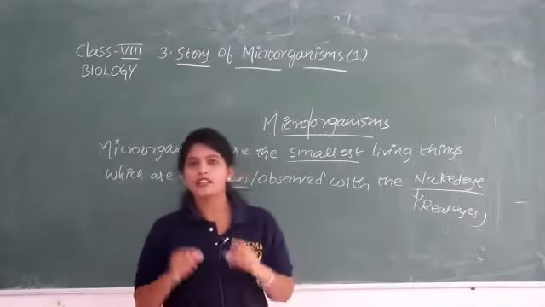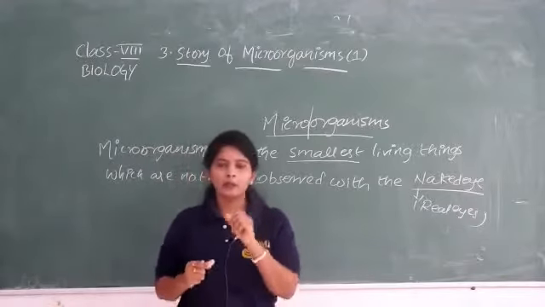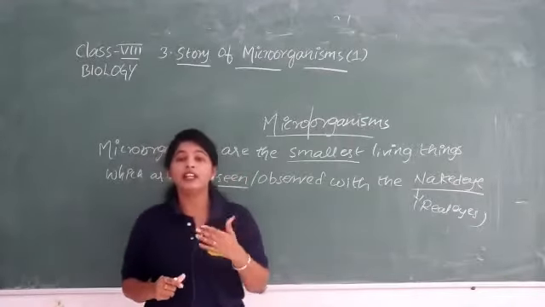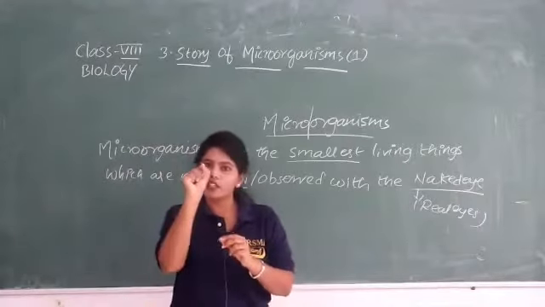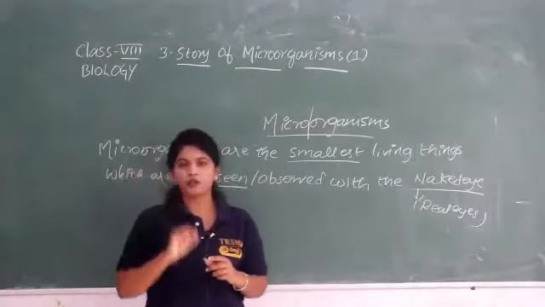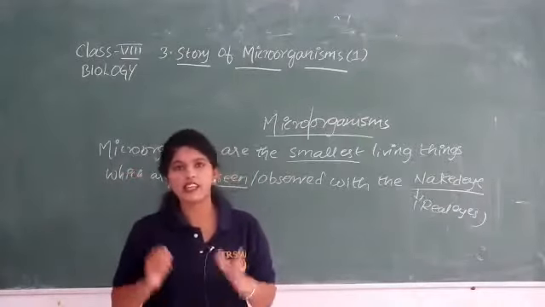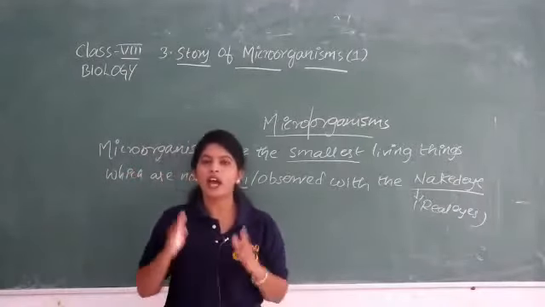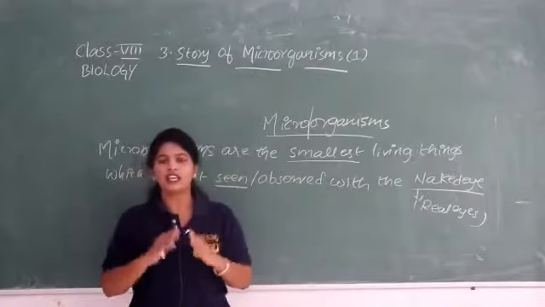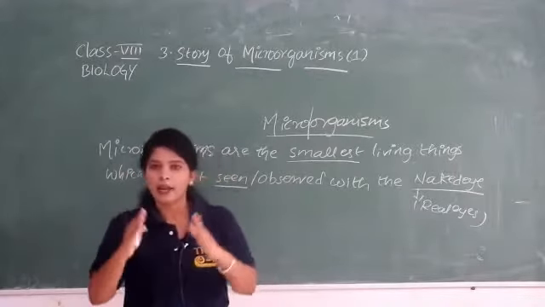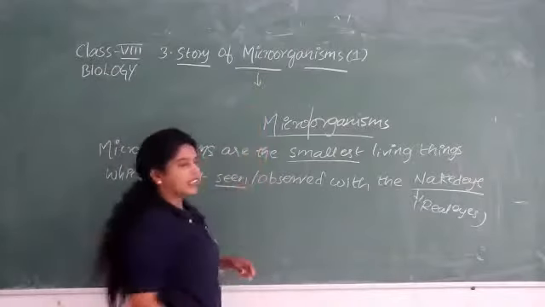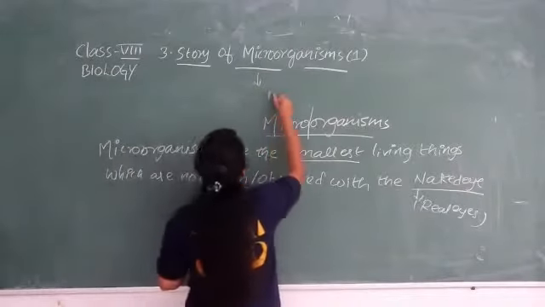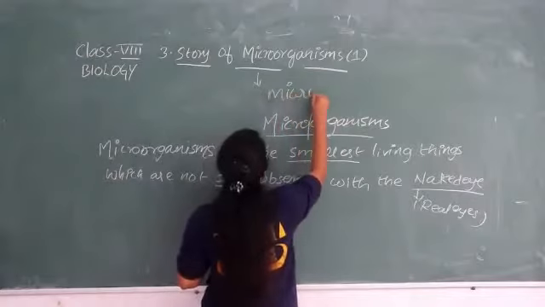He invented the simple microscope with 100 and 300 magnifying lenses, so that he observed the smallest living cells, the smallest units, which are called cells. So here also Anthony von Leeuwenhoek is considered the father of microbiology.